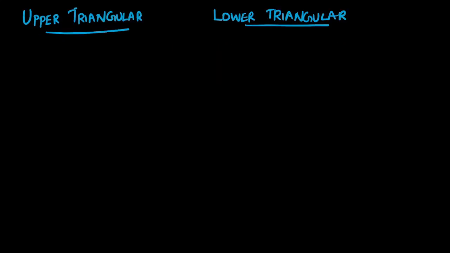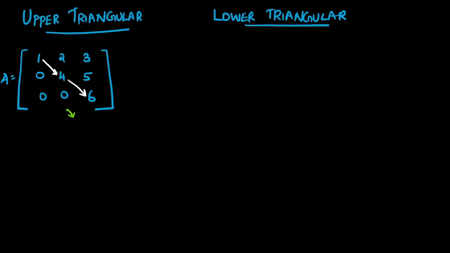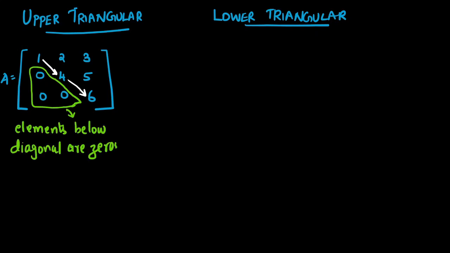Another two terms we need to understand are upper triangular and lower triangular. What is upper triangular? When you look at this matrix, you can see the diagonal elements 1, 4 and 6, and all the elements below this diagonal are zeros. So the elements below the diagonal are zeros, and the upper elements are non-zeros.